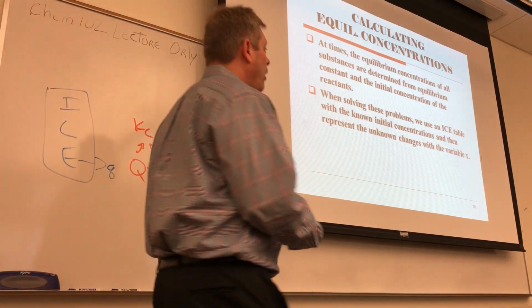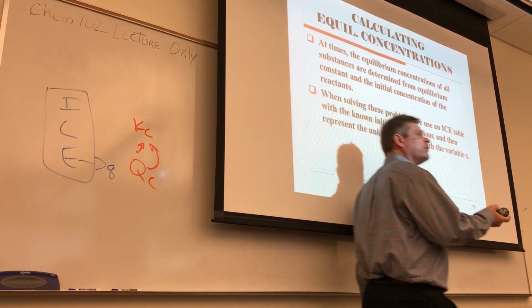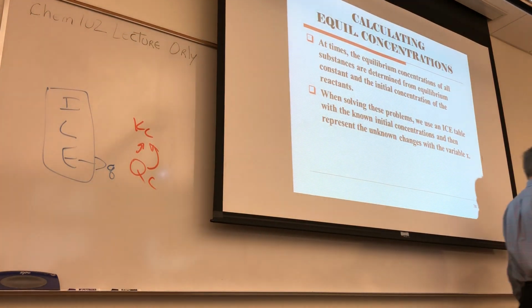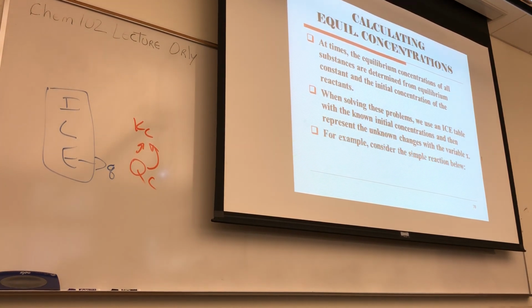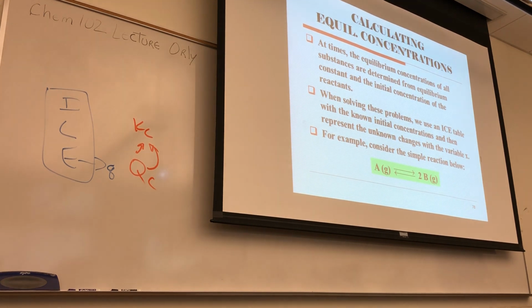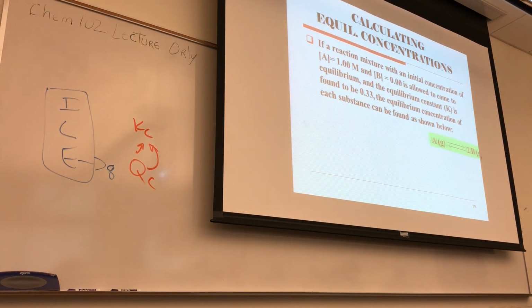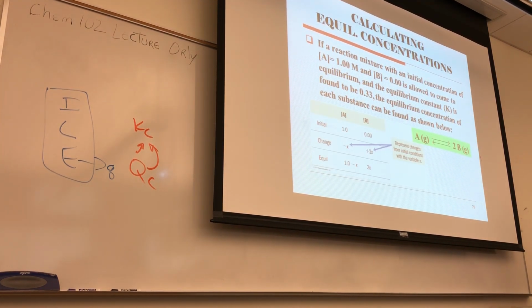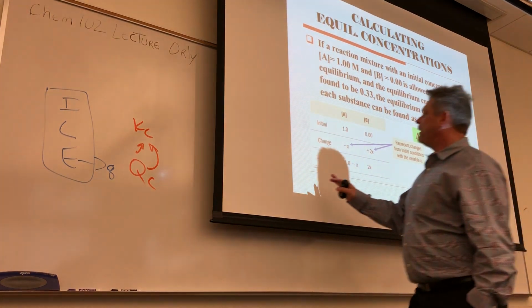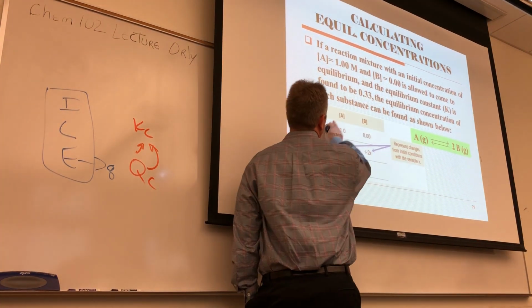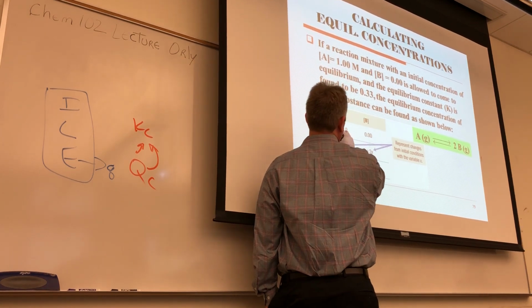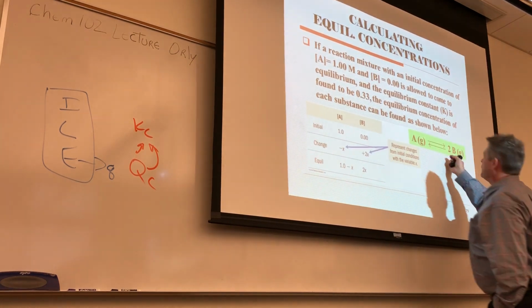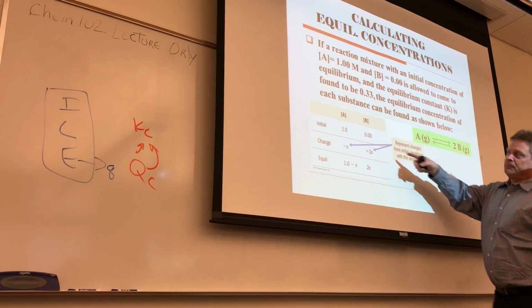So all we're going to do now is use a variable in order to solve for the change and therefore the concentrations. That's the only spin on what you already know here. So here's my A going to 2B, where I have gas and gas. In my ICE chart, I have a concentration of 1 for A, and if I'm starting at initial, that automatically means my product is at 0.